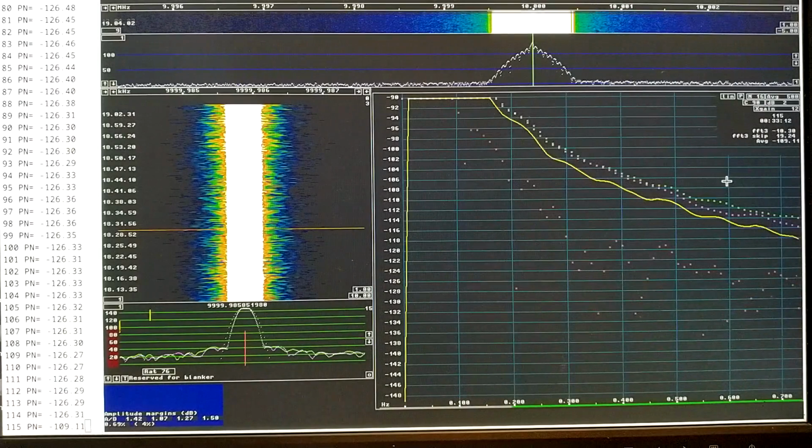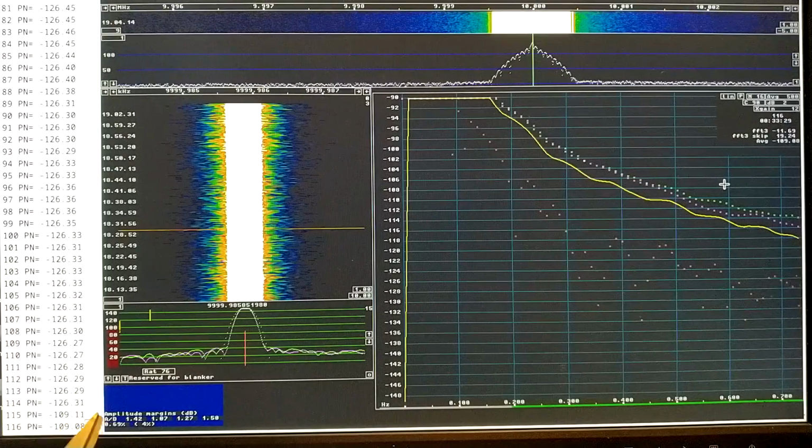And I also look at the noise from 0.2 Hz up to 0.7 Hz. It is minus 109 right now, and the previous one was 126.3. But I will wait for a while to have a more accurate result.